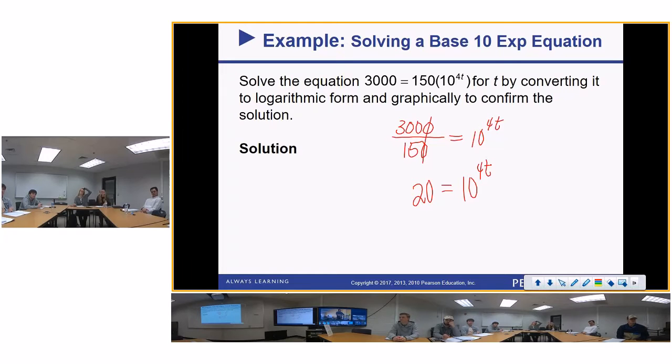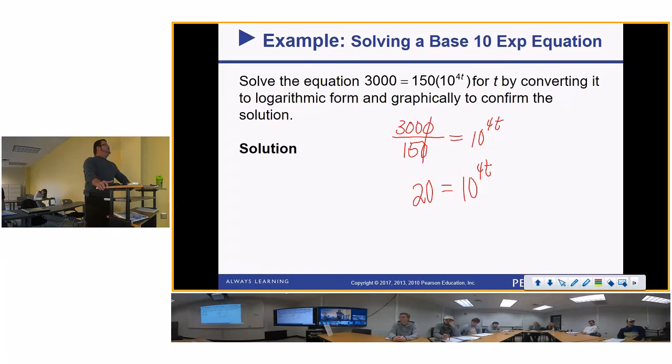20 is equal to 10 to the what? 4t. What is that? It's an exponential equation. Thank you, you paid attention. Write that down. An exponential equation.